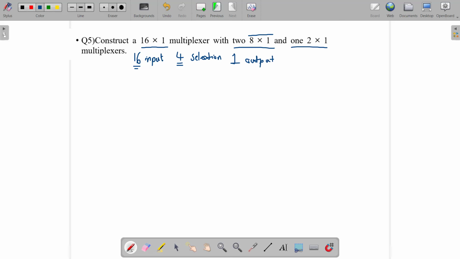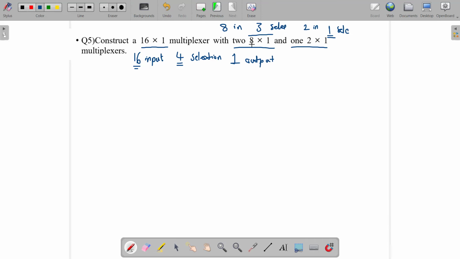In the 8 by 1 multiplexer, we know that we have 8 inputs and 3 selection lines. In the 2 by 1, we have 2 inputs and 1 selection line. Okay? So using this 1 selection line and these 3 selection lines, we can produce these 4 selection lines.